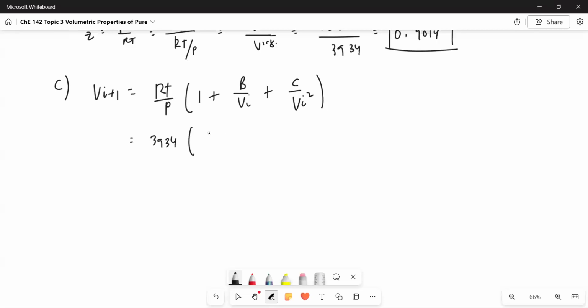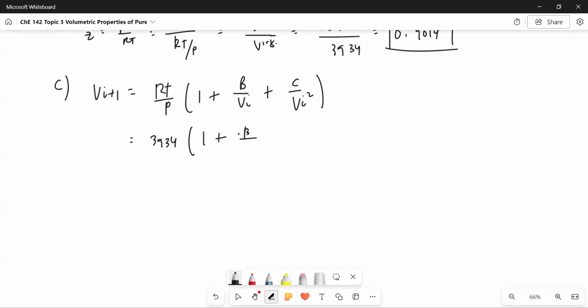And then, 1 plus B over Vi plus C over Vi squared. Okay, so how do we iterate? In your calculators, all right, we know the values of B and C, it's given to us.